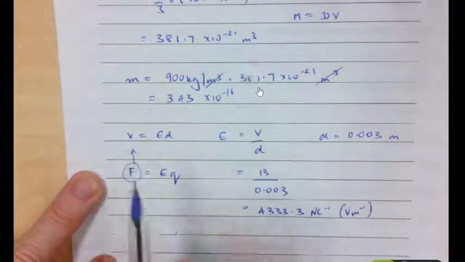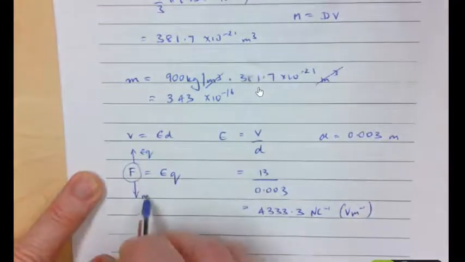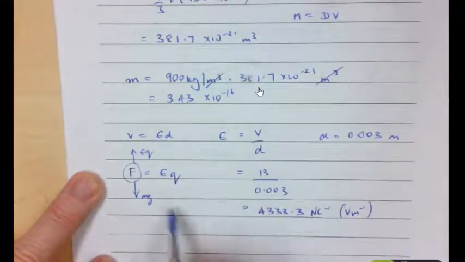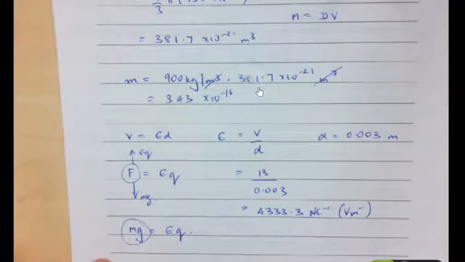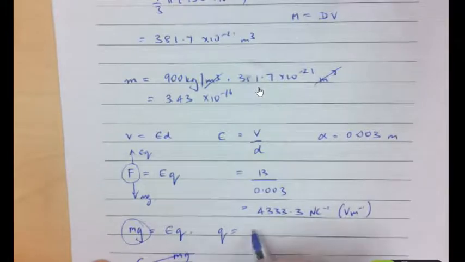So the upward force is EQ, and the downward force would be mg. So we know that mg would equal EQ, and we've just worked out the weight force here. So Q is equal to the weight force on E.